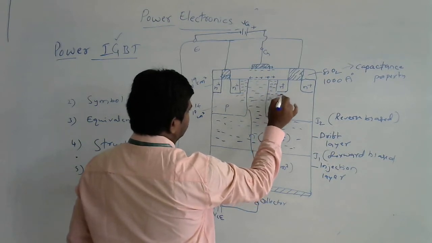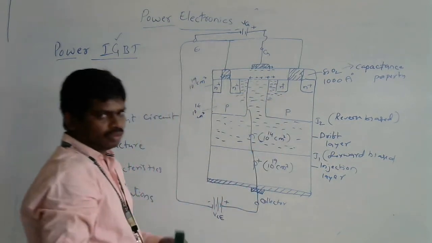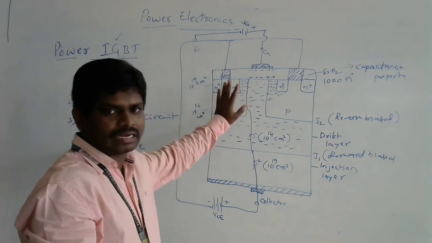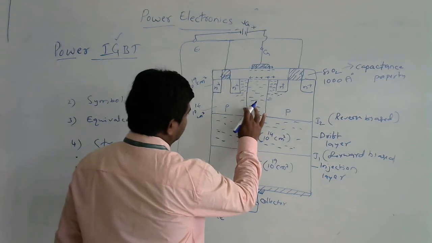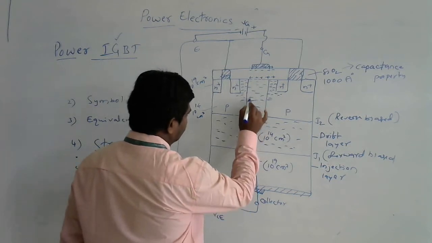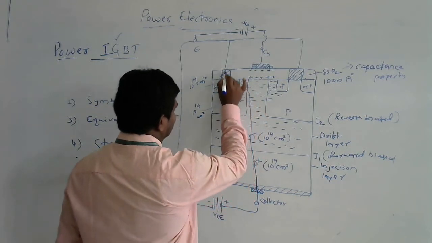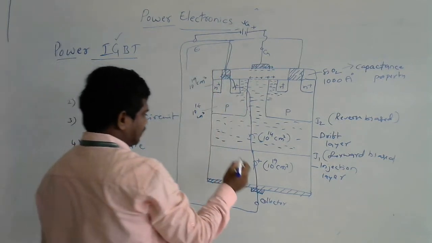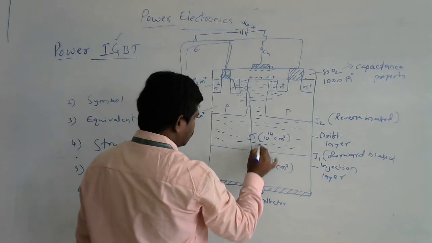Our aim is to break down the junction or create one channel to flow the collector current. Afterwards, the current will easily flow like this because the channel is created. Current is coming out, that is one part. You can see another side also.